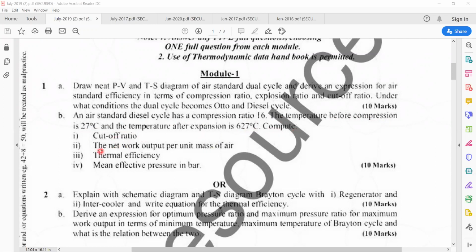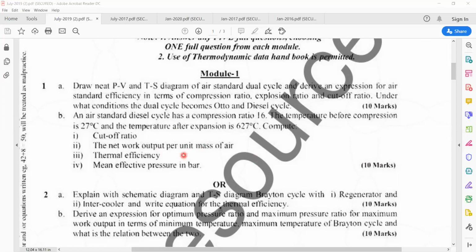Compute the cutoff ratio, net work output per unit mass of the air, thermal efficiency and mean effective pressure in bar. So this is the asked question for 10 marks. Try to solve this problem at your home and put your answers in the comment box.